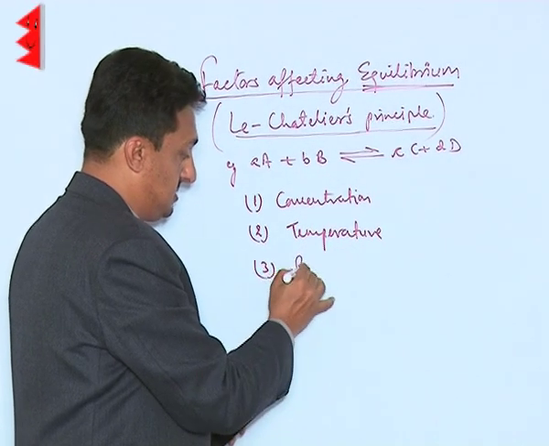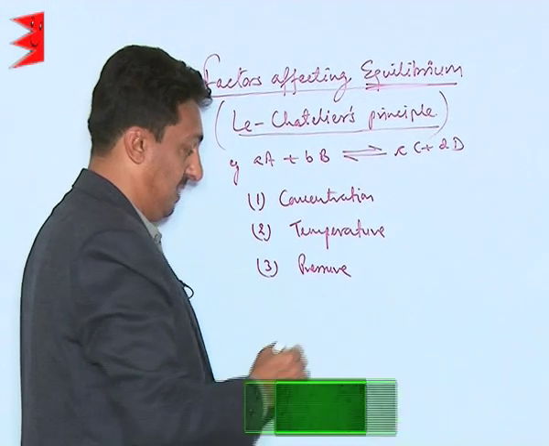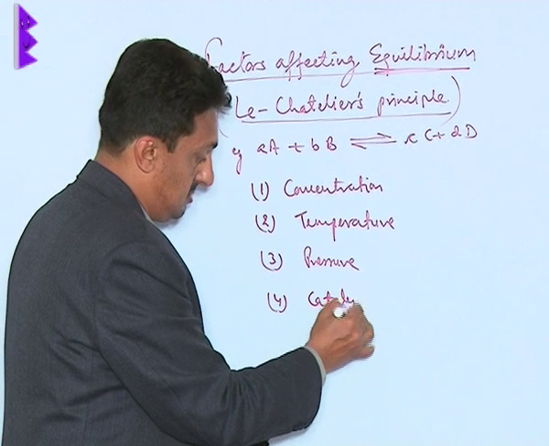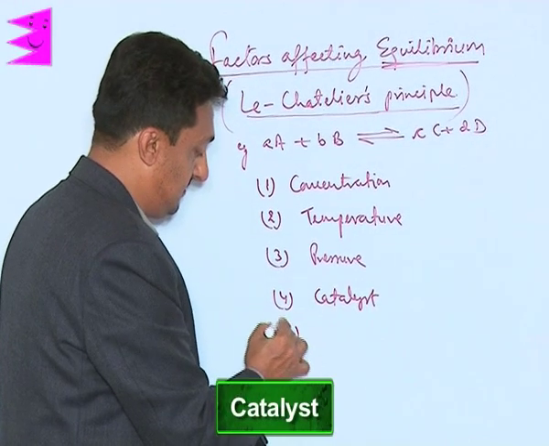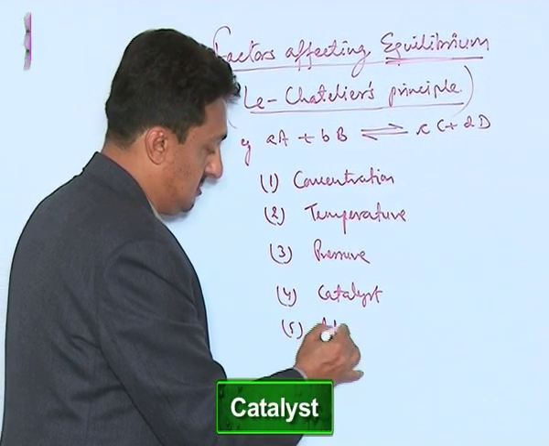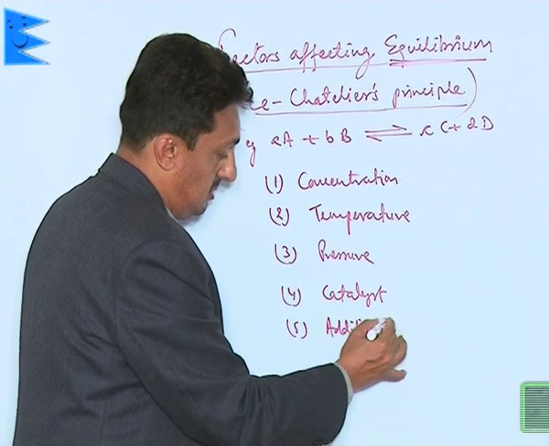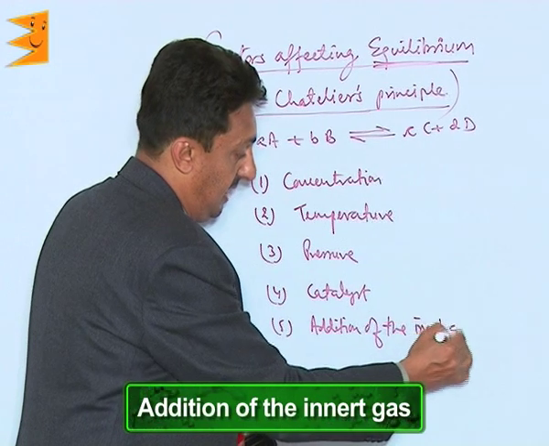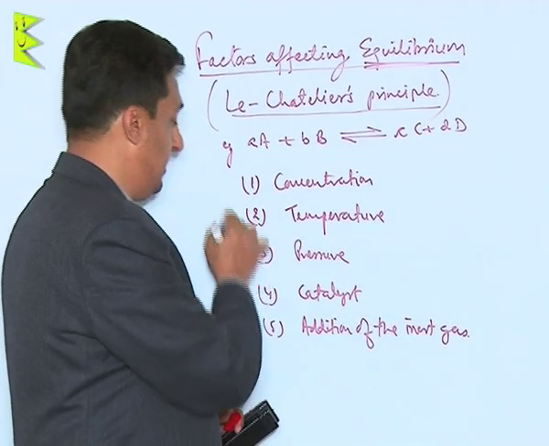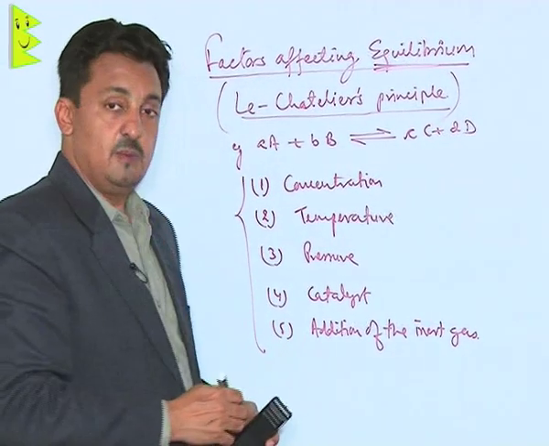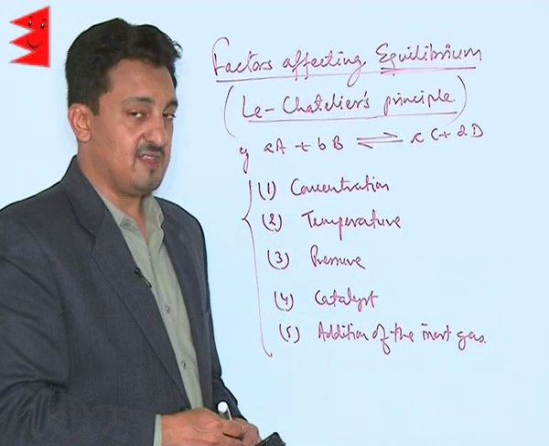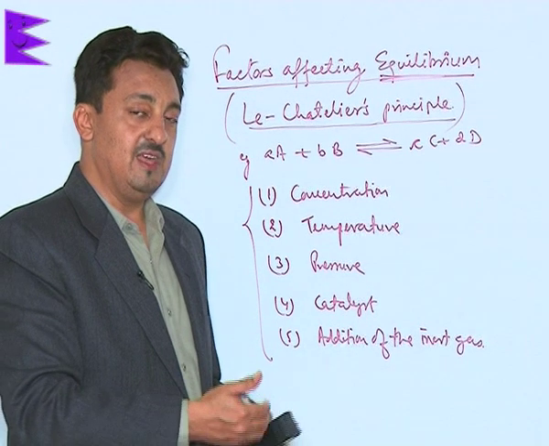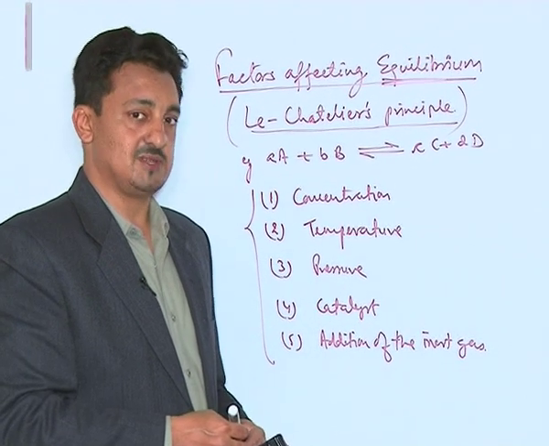The third is the pressure. The fourth is the catalyst. And the fifth is the addition of an inert gas. So these are the major five factors which we usually study, which when changed will readjust the state of equilibrium for a reaction.